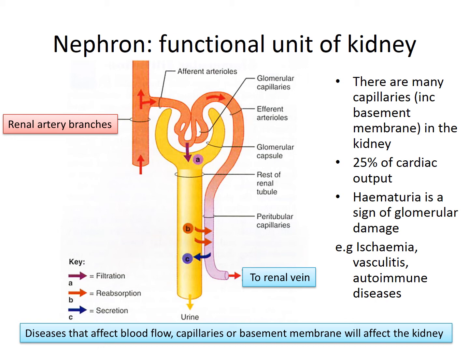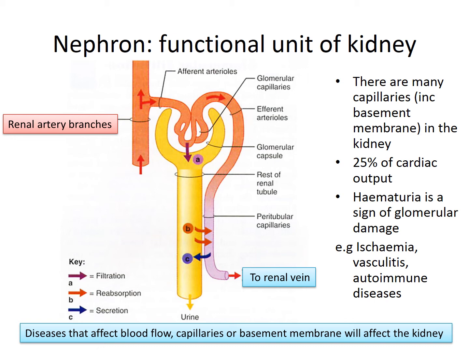You remember there was a proximal tubule, then a loop of Henle, then a distal tubule, and the distal tubule drained into the collecting duct. All of that is simply being represented by one tube, even though we know it's quite convoluted. That's almost all of the nephron here, that yellow structure.